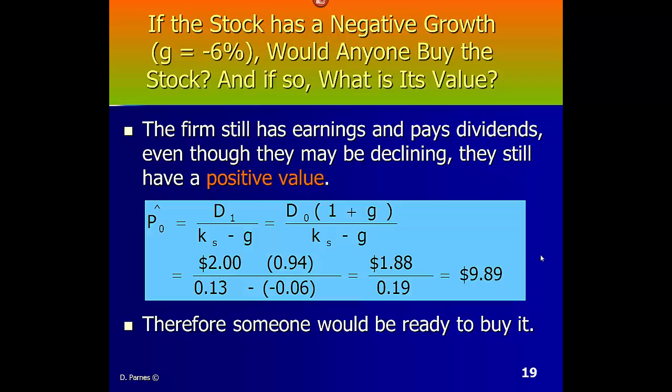Everything perfectly makes sense. There is no problem using the Gordon model, even with a zero or a negative growth rate. The only problem is when G is bigger than Ks, then we cannot have a negative denominator, because with a positive numerator, the price will become negative, which is nonsense.